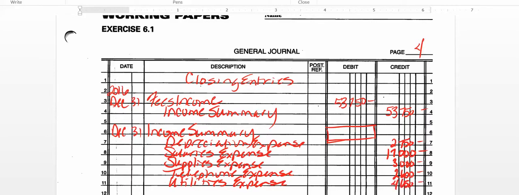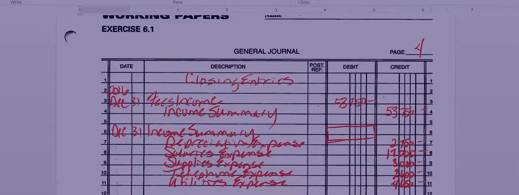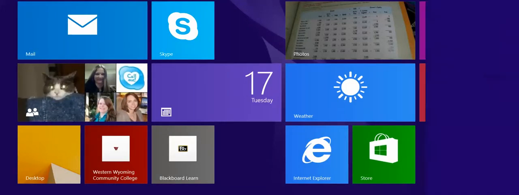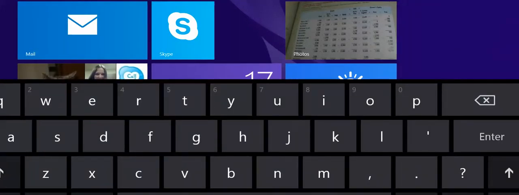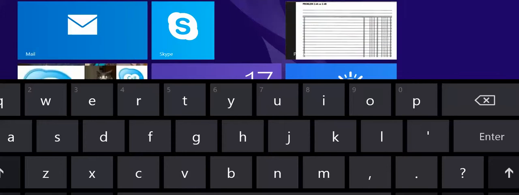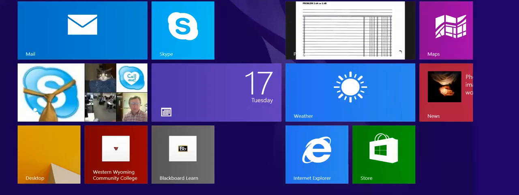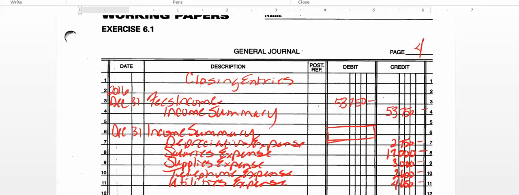Okay, so we're finished writing down all the expenses. Now we need to total those numbers. So let me grab a calculator. Actually, by the time I find a calculator, you guys will be wondering what's going on with me. I'm just going to use a calculator sitting beside me.